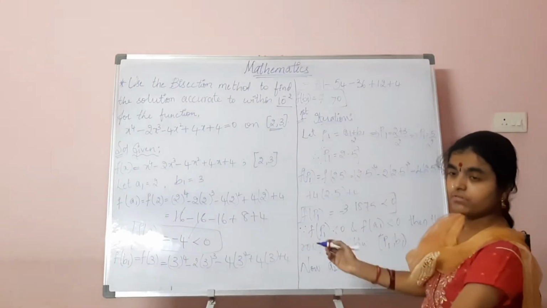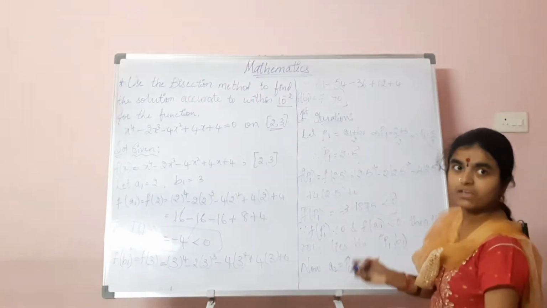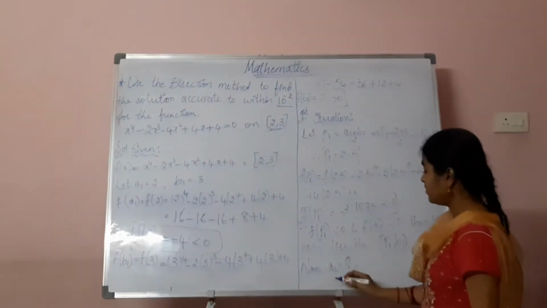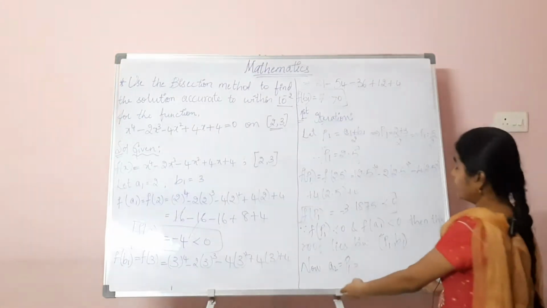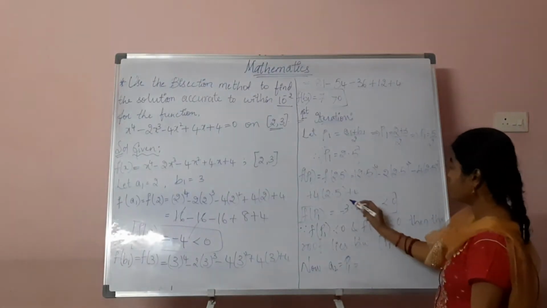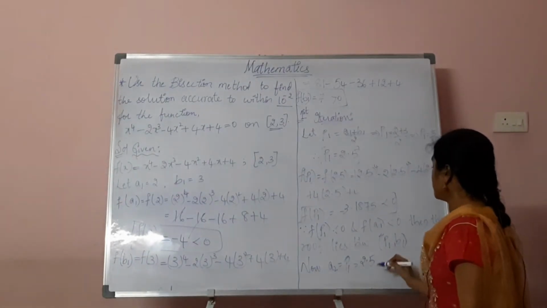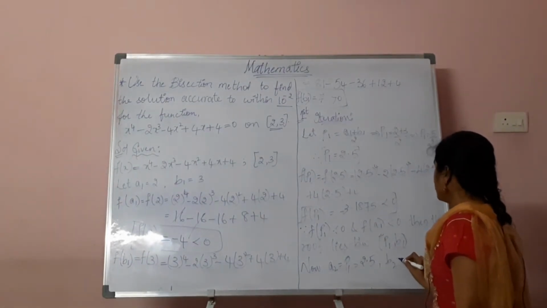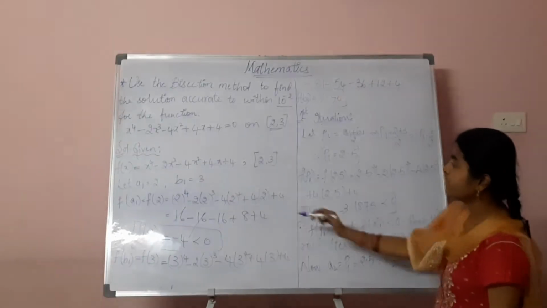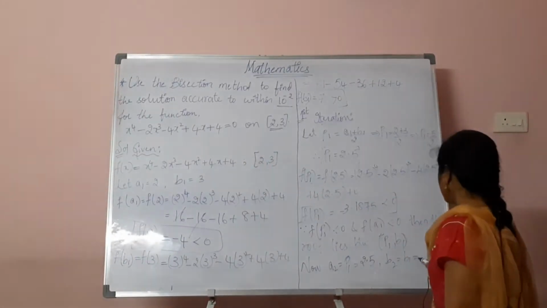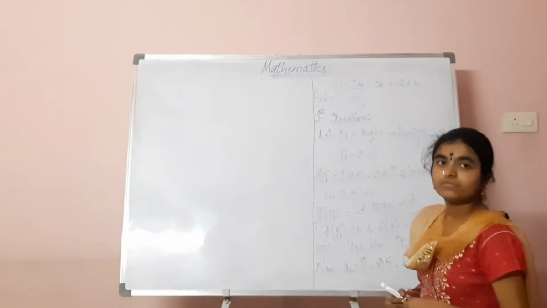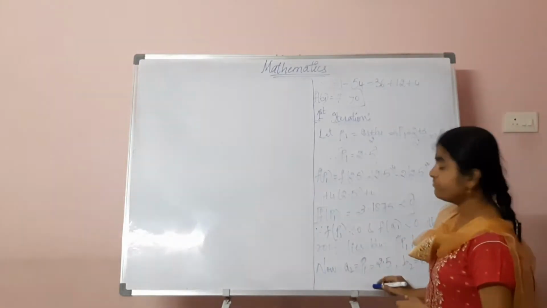Like this only we have to continue the procedure. A3 next. In the same manner, A2 equals to P1, which is 2.5. Comma. Next B2 means B1. What is B1? 3. Up till now we have completed the first iteration.